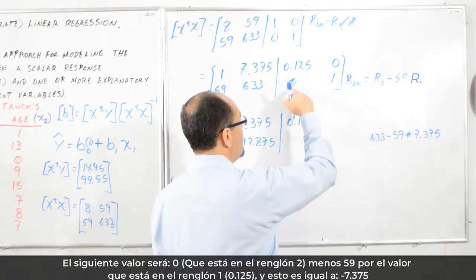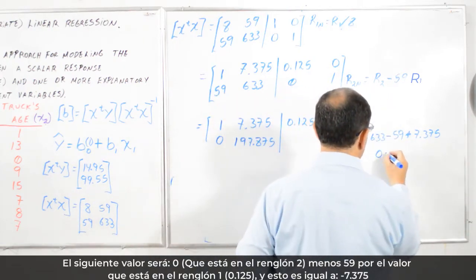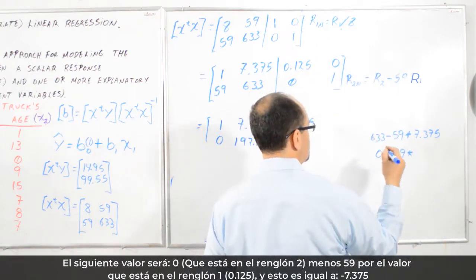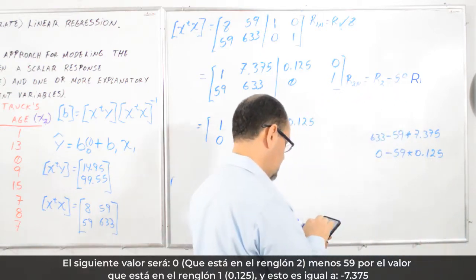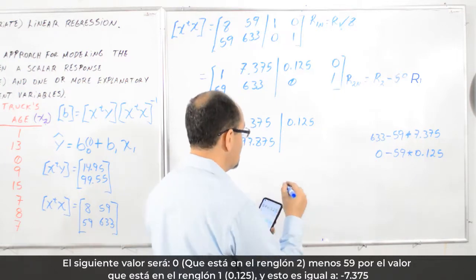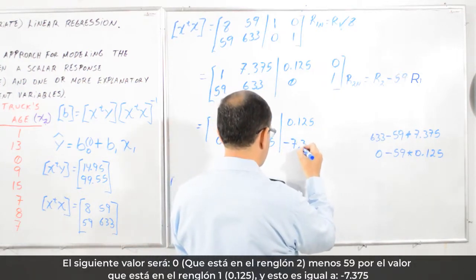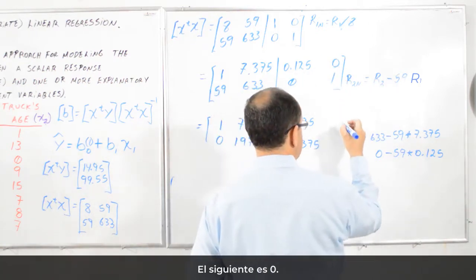The next one will be the same, 0.125. Next one will be row 2, 0 minus 59 times row 1. And that is equal to negative 7.375. Next is 0.